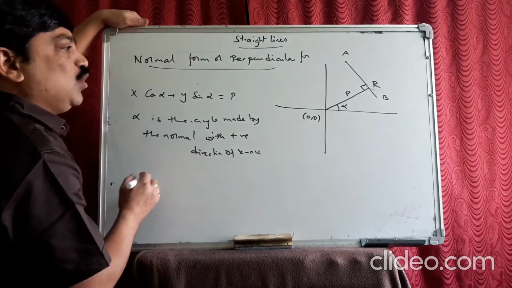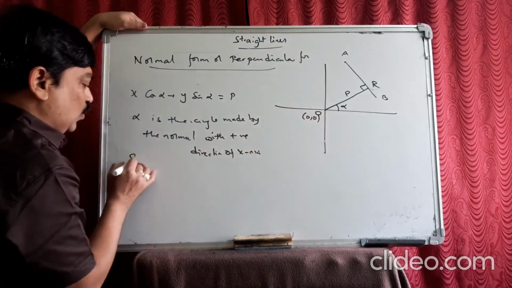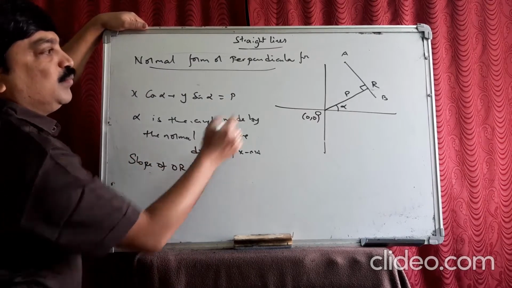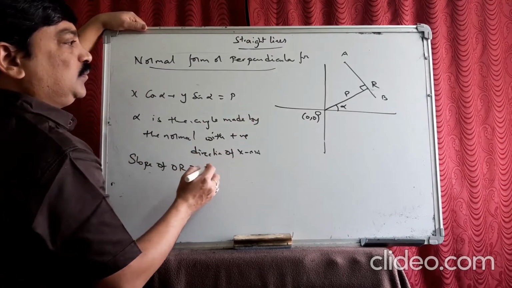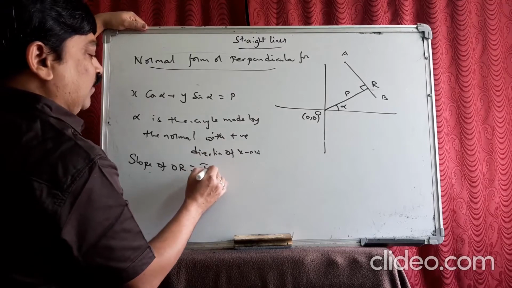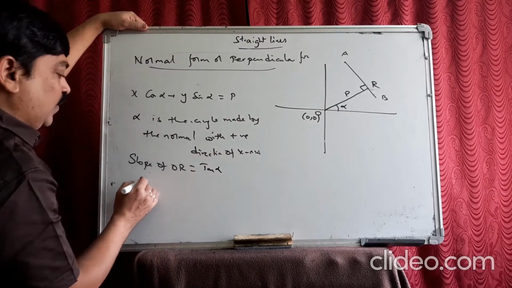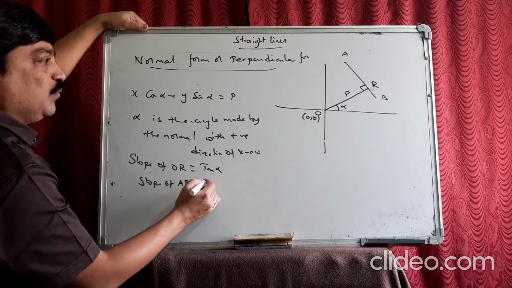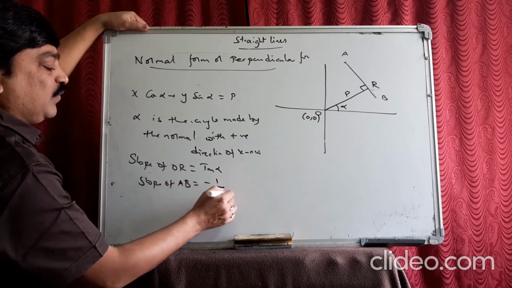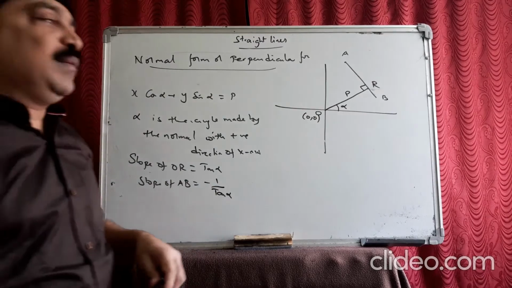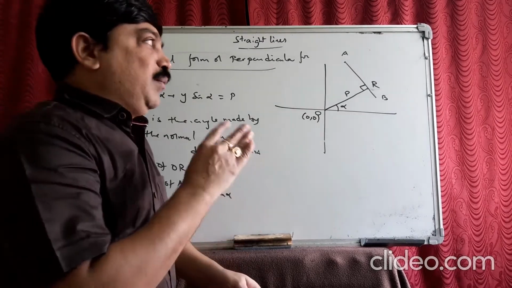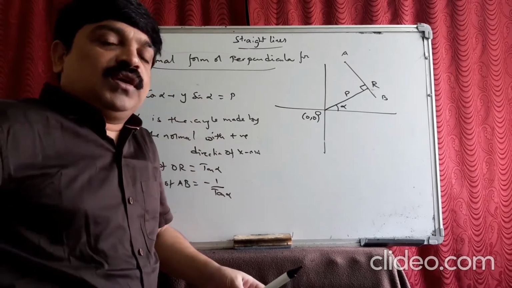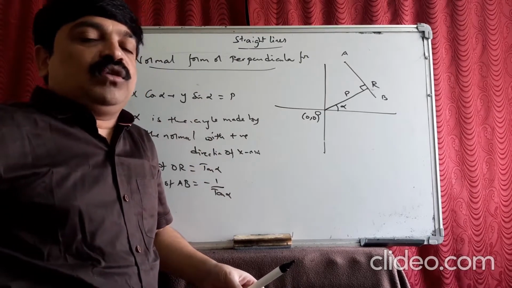Then what will be the slope of OR? Slope of OR is equal to tan alpha. Then what will be the slope of AB? Slope of AB is equal to minus 1 by tan alpha. Why is it minus 1 by tan alpha? Because the product of the slopes of two perpendicular lines should be equal to minus 1.